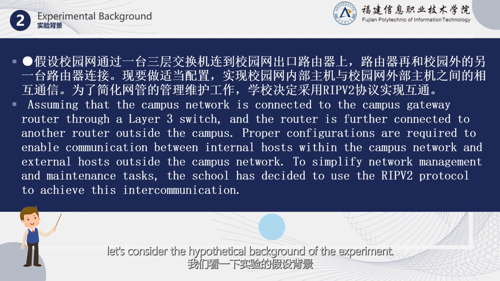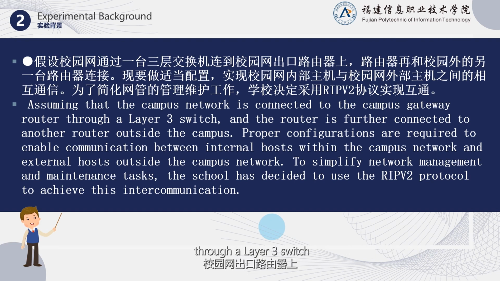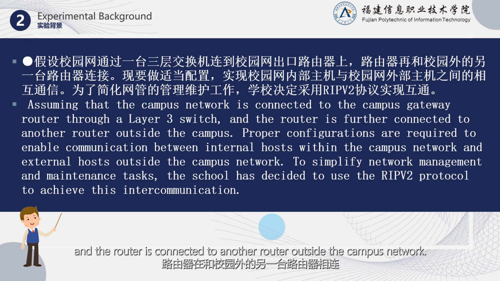Now, let's consider the hypothetical background of the experiment. We assume that the campus network is connected to the campus gateway router through a layer 3 switch, and the router is connected to another router outside the campus network.